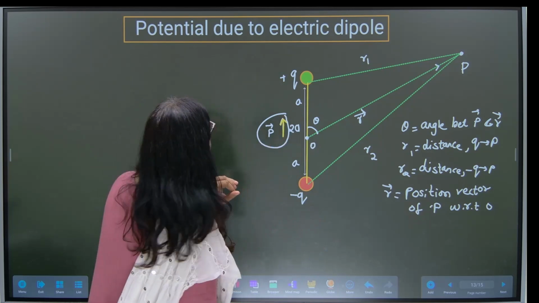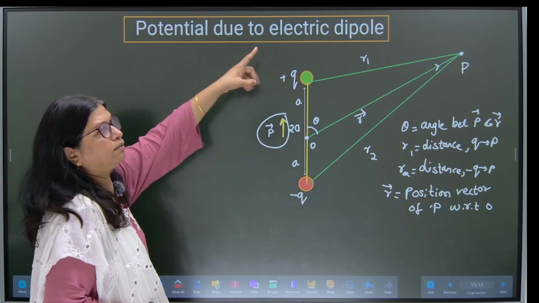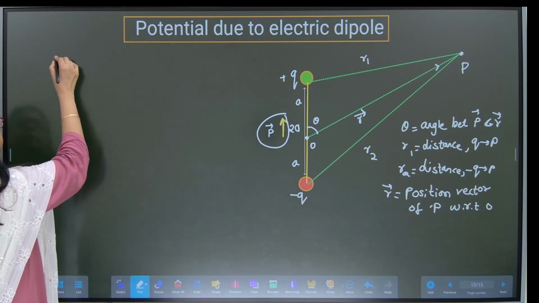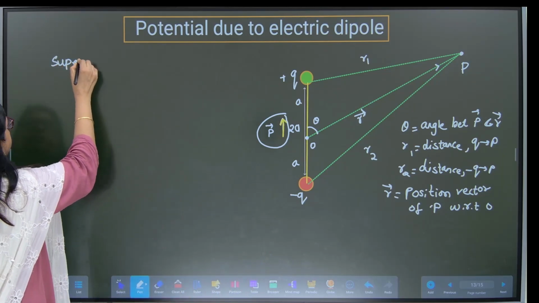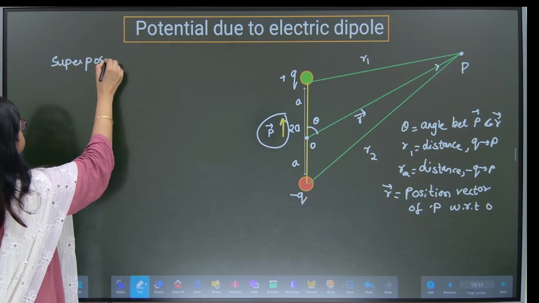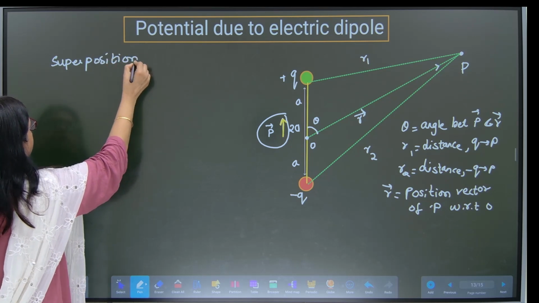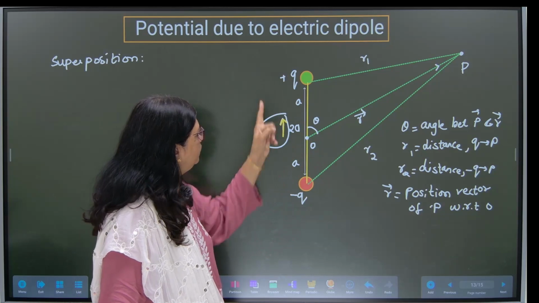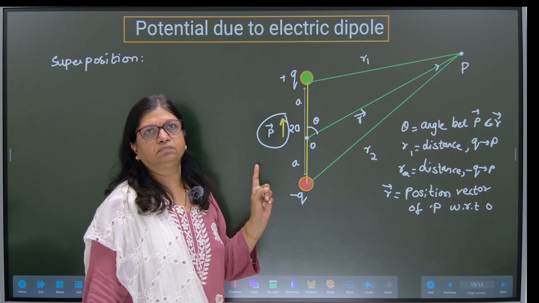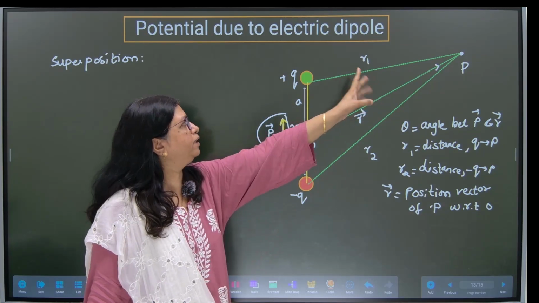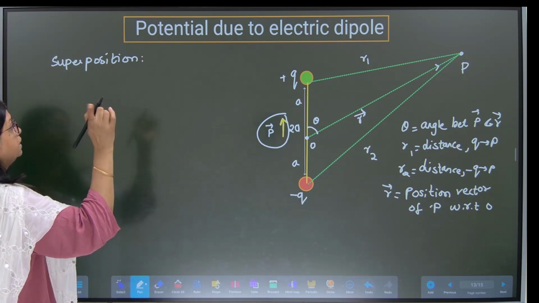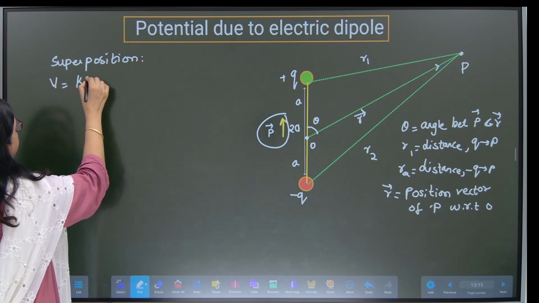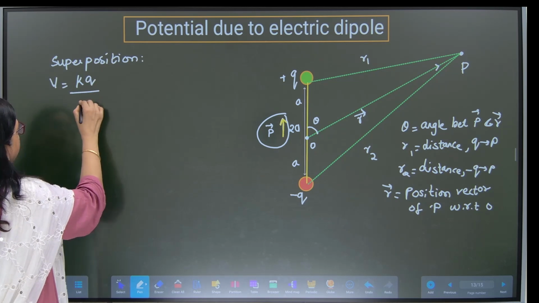Now we want to find out the potential due to electric dipole. So we use the principle of superposition, in which we add the potential due to the individual charges at the point P and add them algebraically. So V is equal to KQ upon R1.